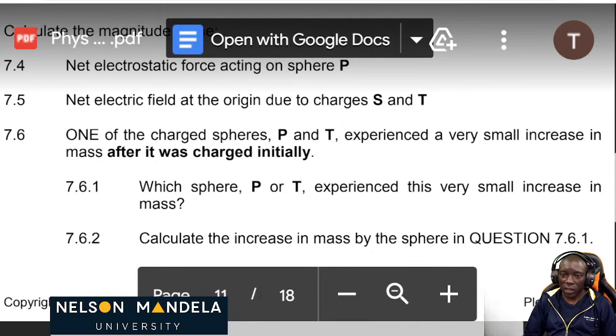So one sphere initially is charged to, we said, -15. When it is initially charged, it gains a charge of -15. And the other one, on initial charge, has +2 times 10 to the -9 coulombs.